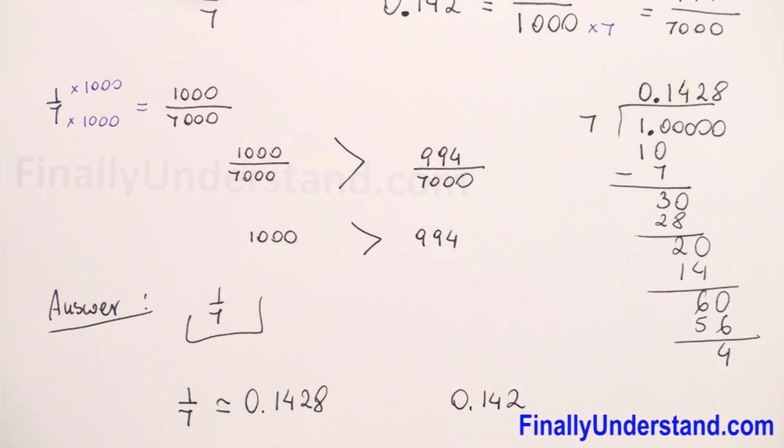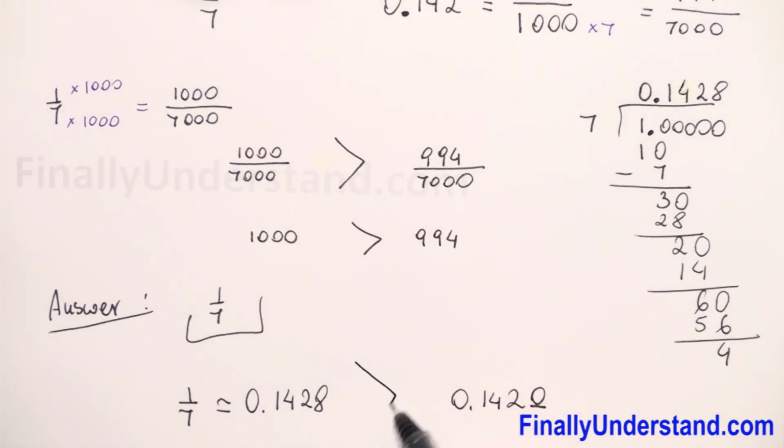So now which number is greater? You can always compare: 0 and 0, 1 and 1, we have 4 and 4, next we have 2 and 2, and because we have here 4 digits, I can add 1 digit, and of course it will be 0. You can always add 0 at the end. So now we have 8 and 0. Which number is greater? 8 is greater.